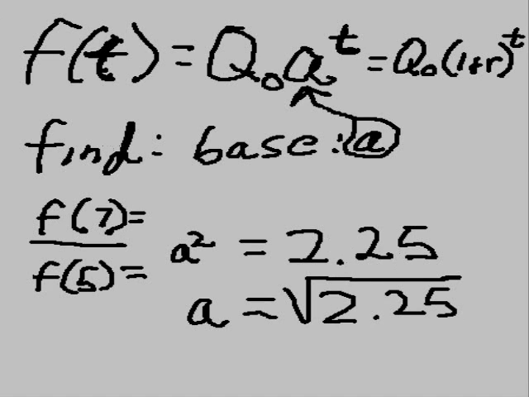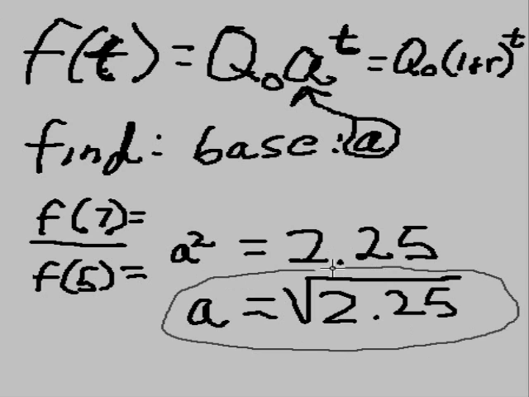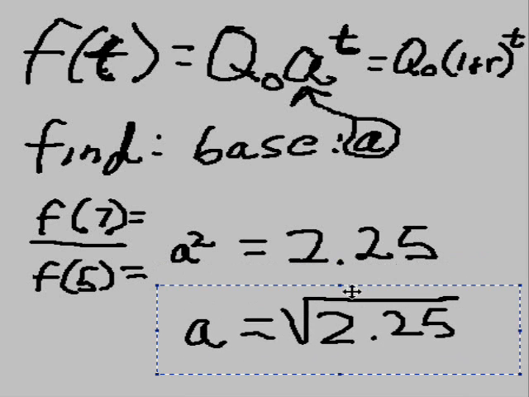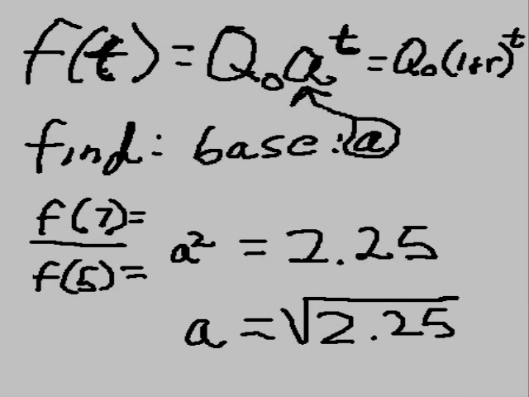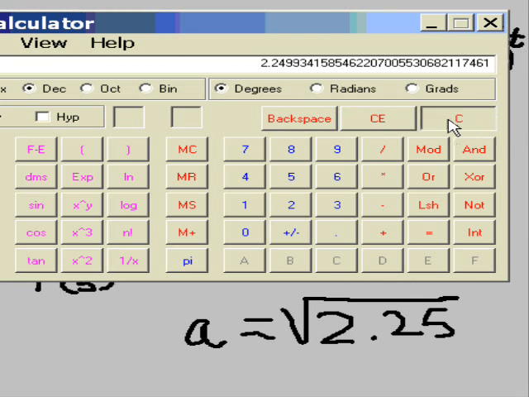What's the square root of 2.25? I know it's 1 something. All right, let's try and figure that one out. 2.25, then I click on this guy here, raised to the what power? To the 1/2 power, or 0.5 power. And I get 1.5.